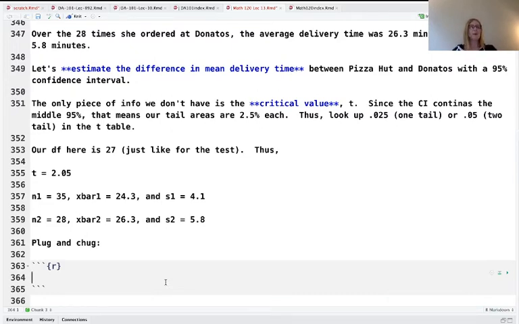First, I've got x bar 1 minus x bar 2. That's 24.3 minus 26.3. We need to do both the plus and the minus. I'm going to do the minus first. We just found out that our t critical value is 2.05. So let's get that in there, 2.05.